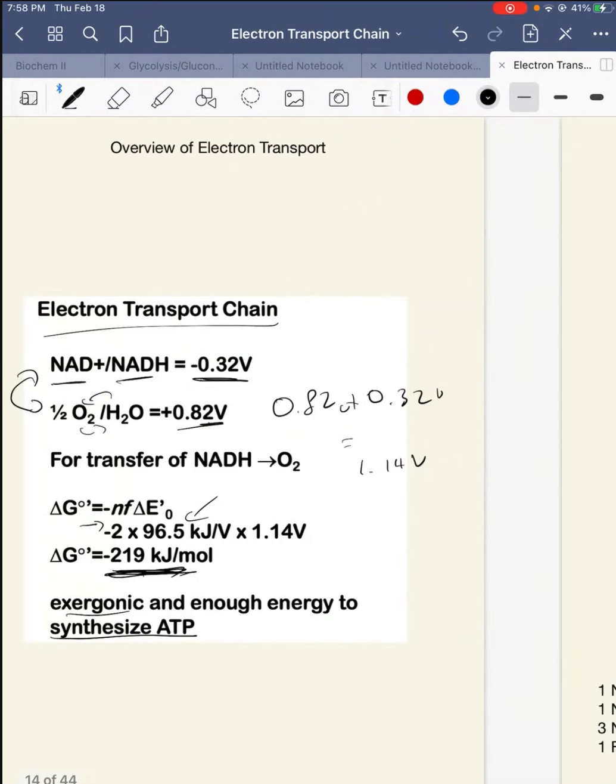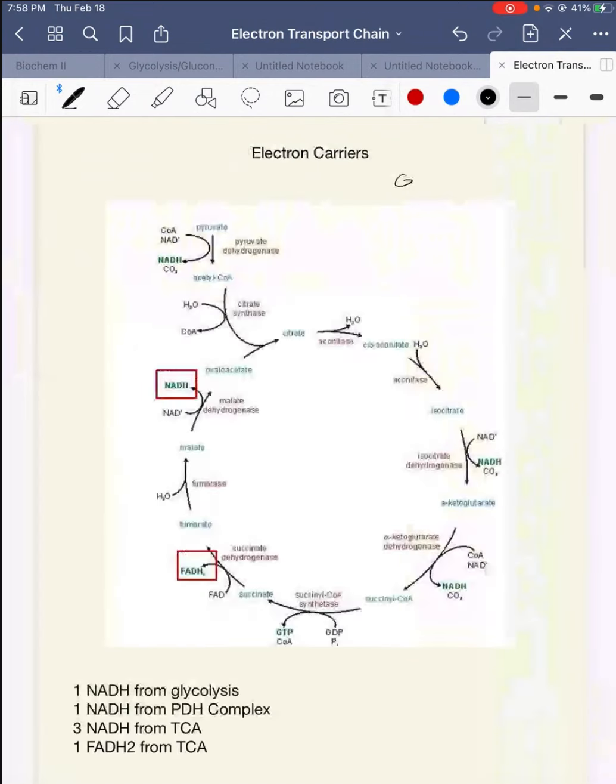Okay, so when we go from glucose, this is how we get all our electron carriers. To pyruvate, we make 2 NADH from GAPDH when it splits, and because we have 2 GAPs, we end up making 2 NADHs. This is supposed to be C2 down here.